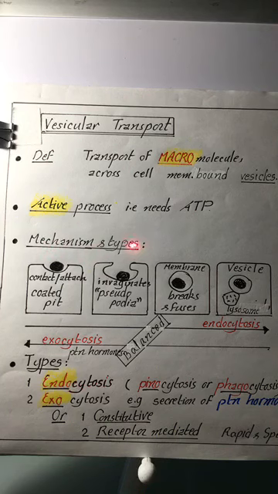So the mechanism and types: we have 4 steps and 2 types, endocytosis or exocytosis. In every cell, this is an important multiple choice fact: to keep the area of the membrane, endocytosis is balanced with exocytosis. The endocytosis equals the exocytosis.